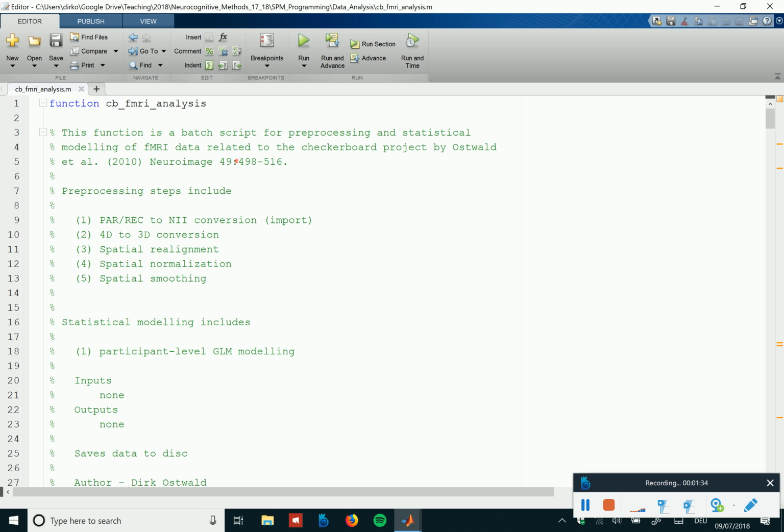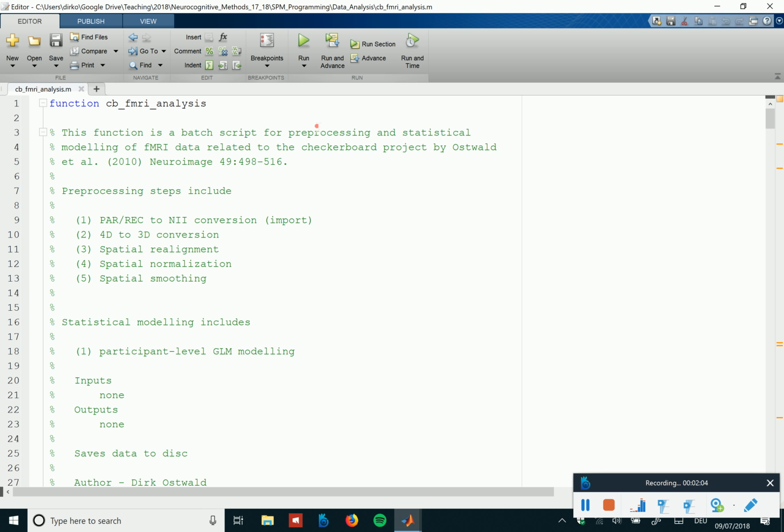Because it determines how many rows the design matrix has in terms of the number of data points, the number of EPI volumes, and how many columns it has in terms of the number of conditions being modeled, and of course the specific content of the design matrix, basically in first level analysis, having hemodynamic response functions whenever there was a stimulus, in the most common way to analyze fMRI data.